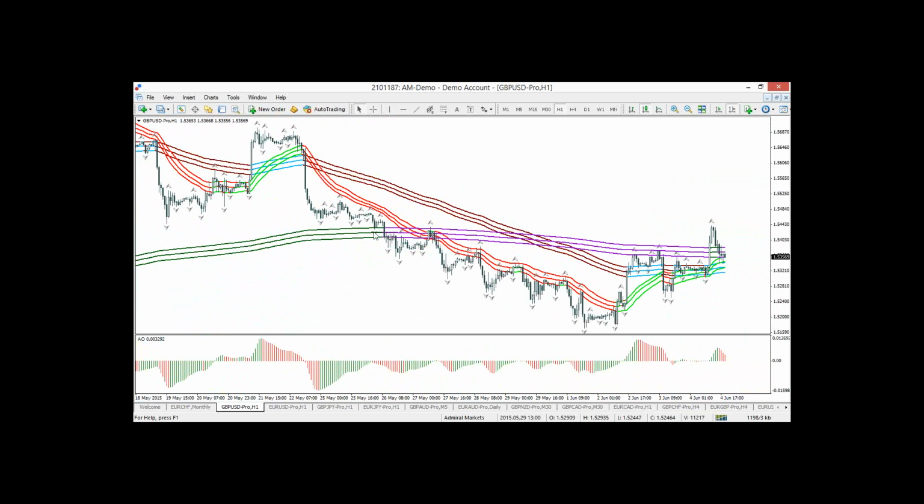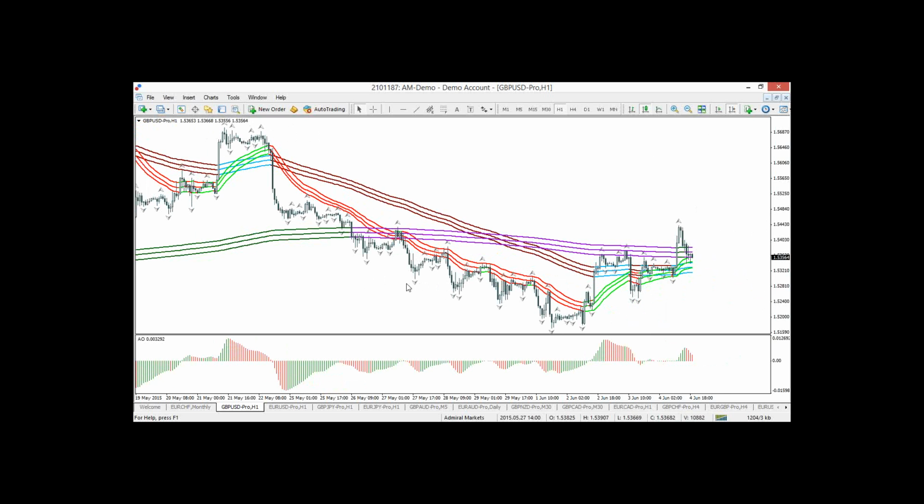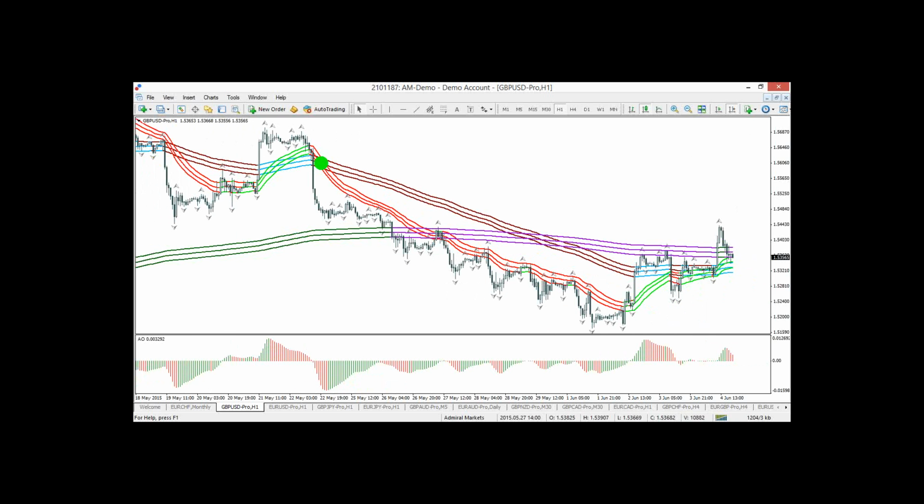I don't always look at this. Sometimes I do. To me, 34 is also enough, but sometimes I throw on this template just to see where the other moving averages are and get a bit more information on that. But you can see that by adding those higher moving averages, you get information, perhaps about if there is a slowdown in momentum.